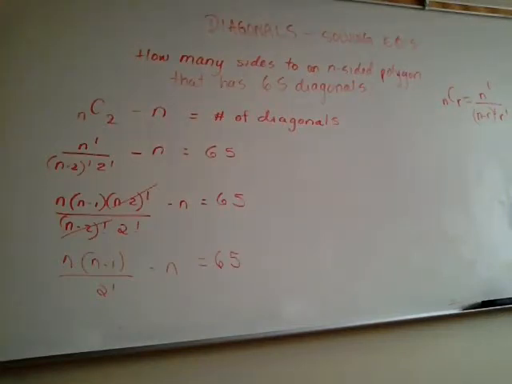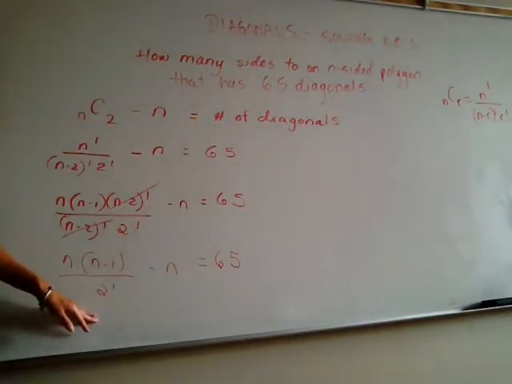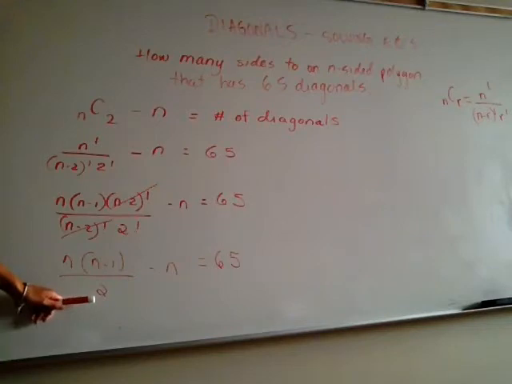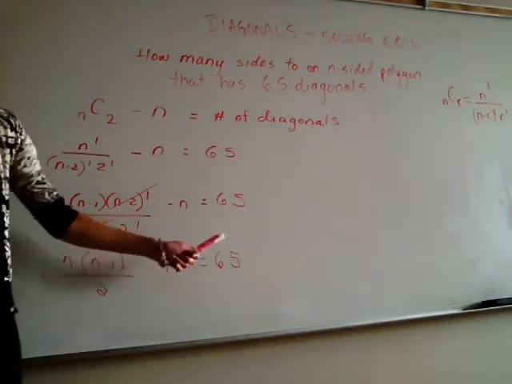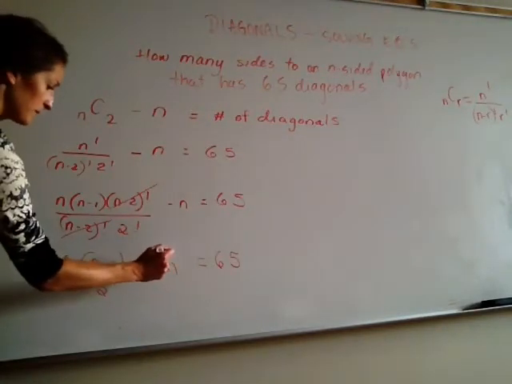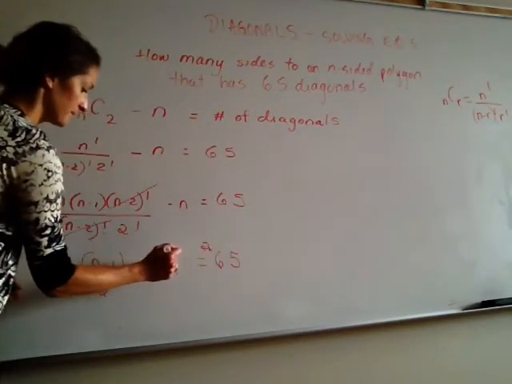We need to get rid of that denominator, 2 factorial. But 2 factorial is like 2 times 1. Can I just leave that as a 2 instead? It's just a little easier to look at. To get rid of the 2 in the denominator, I need to multiply every single term by 2. I'm going to multiply this by 2, this by 2, and this by 2.